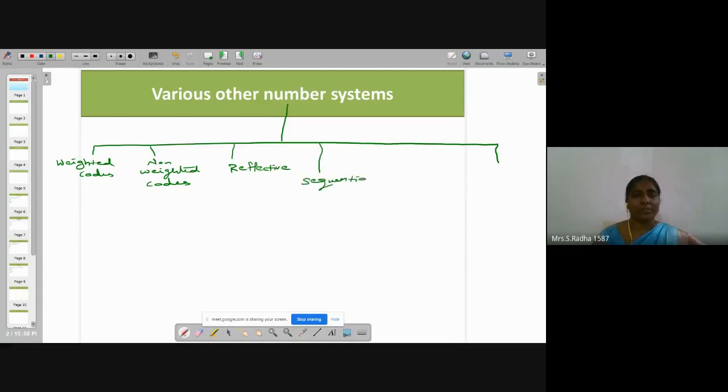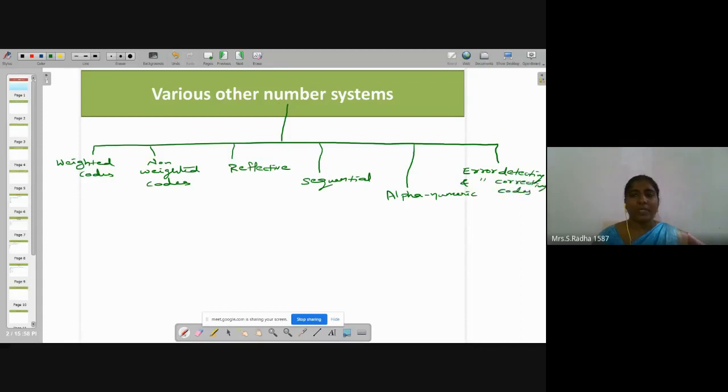Fifth one, alphanumeric number system. And last one is error detecting and correcting codes. These are the other codes present.